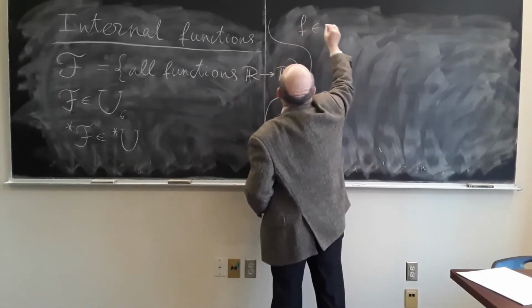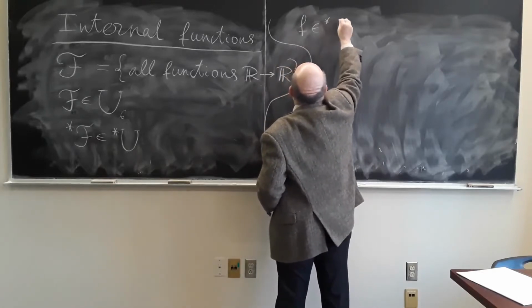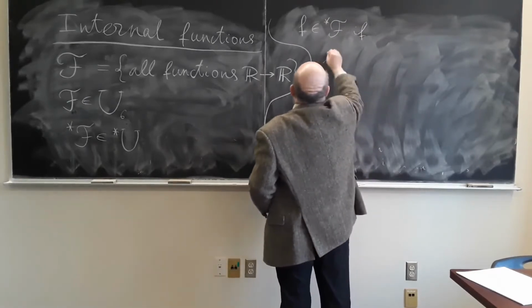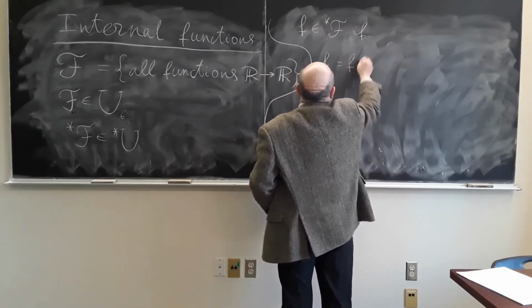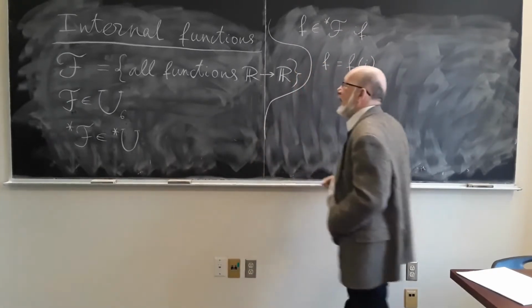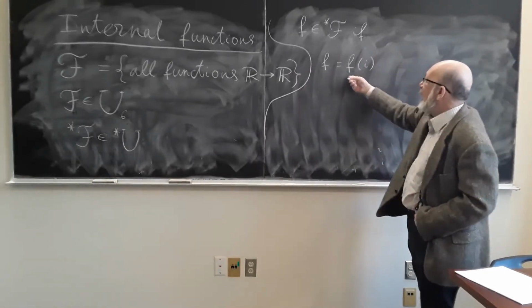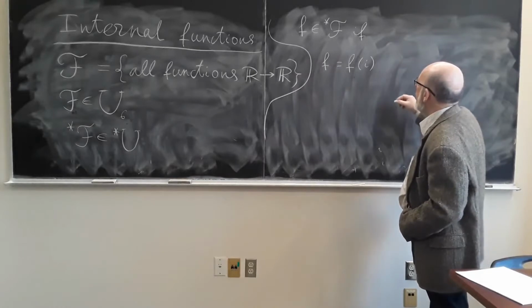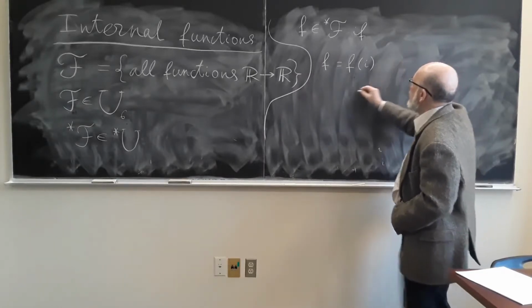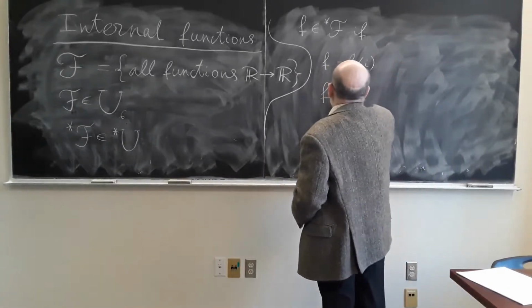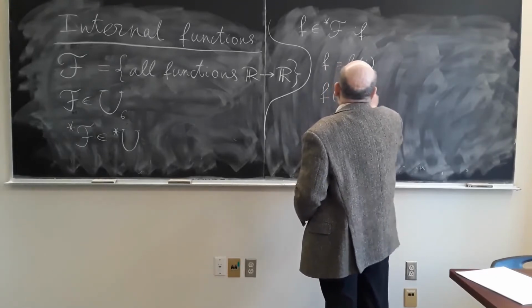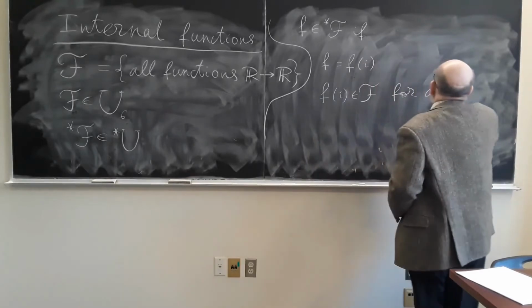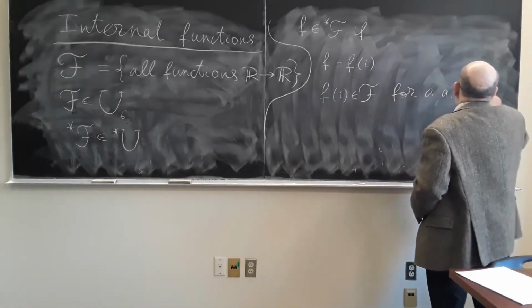F is in star F if F of I, for each I, F of I is an element of F for almost all I.